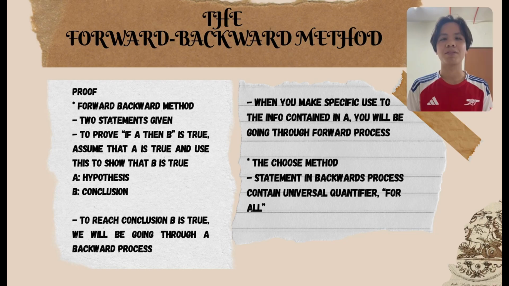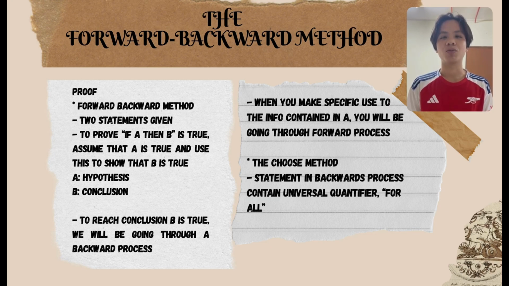However, in some cases, it is easier to understand the proof by starting from the conclusion. To do this, we assume that statement B is true and work backward to reach statement A. This is called the backward process, and it helps us to see how the conclusion is connected to the hypothesis.